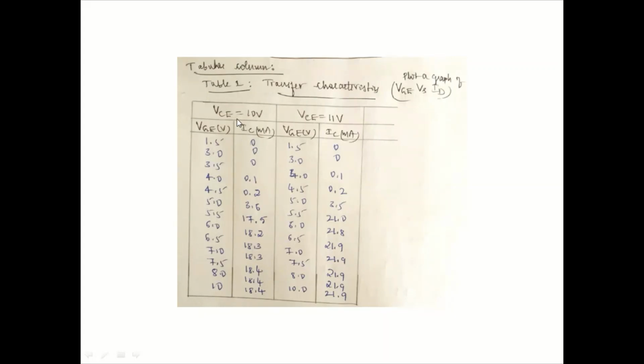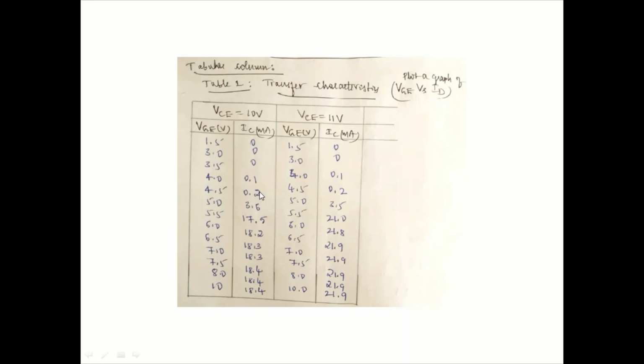Here you can see that the readings are noted for various values of gate to emitter voltage, and the collector current is noted. Initially the current will be 0 or very close to 0, which means that a leakage current is flowing through the IGBT when the gate to emitter voltage is less than the threshold voltage.